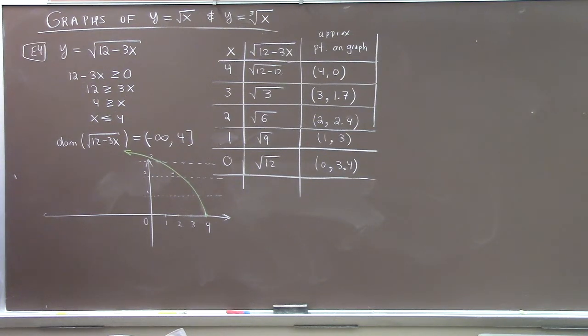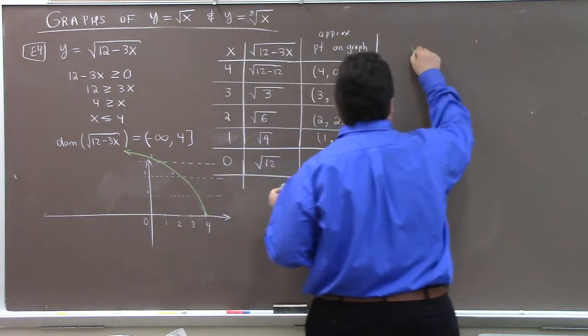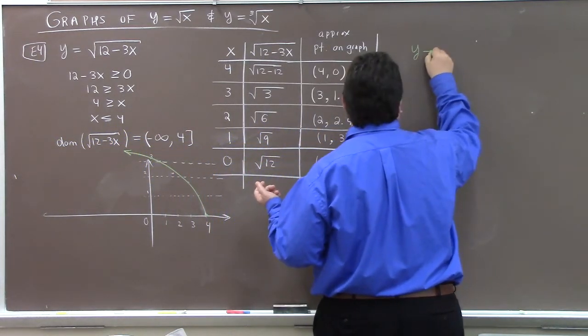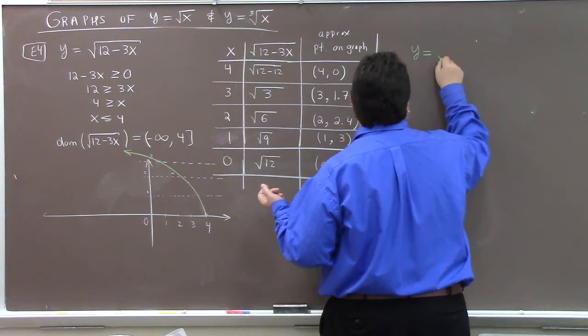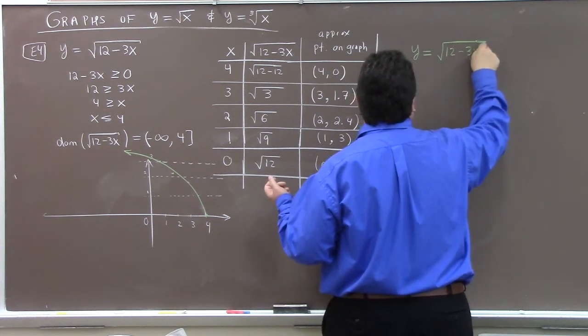Now, if we were smarter, here's the other way you could do this one. If you want to do it by algebraic thinking, instead of table values. So this is the square root of 12 minus 3x, right?